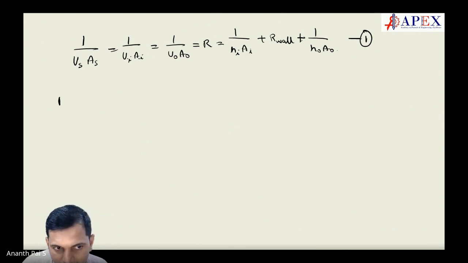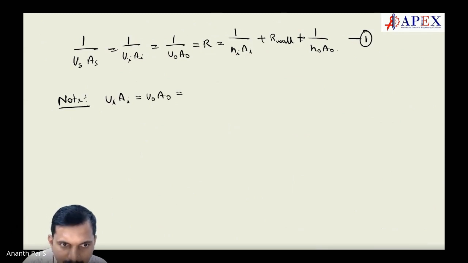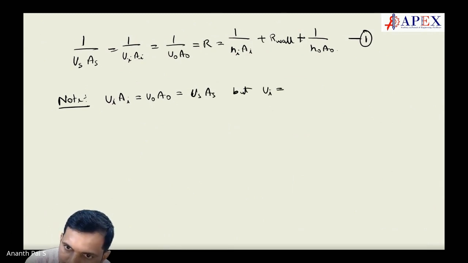Note Ui Ai is equal to U naught A naught is equal to Us As. But Ui is not equal to U naught is not equal to Us.